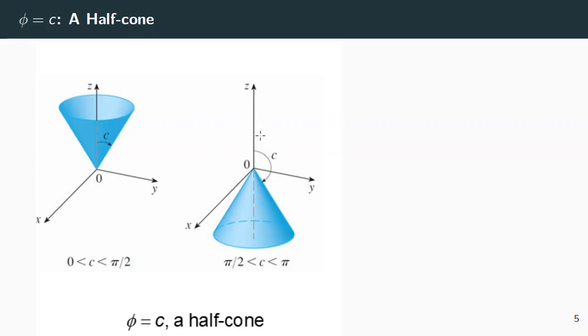If the phi value is bigger than pi over 2, then that cone will be down below the xy plane. If you do phi equals pi over 2, you just get the xy plane in its entirety. Phi less than pi over 2, you get a cone up top. Bigger than pi over 2, you get a cone down bottom. And of course, phi can only go up to pi. So pi would be a point down on the z-axis. Phi only goes from 0 to pi.